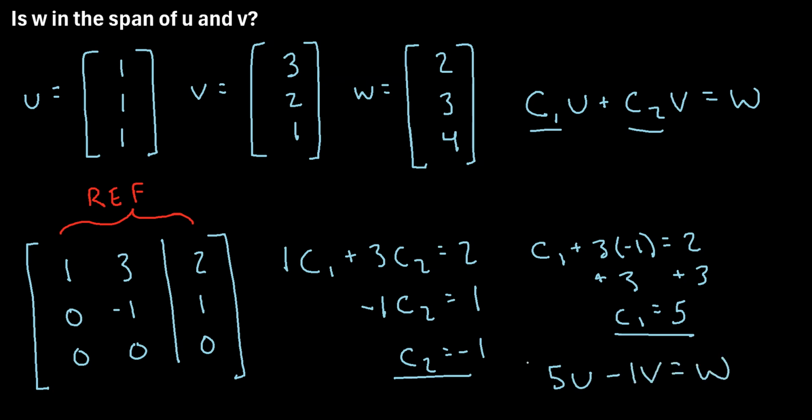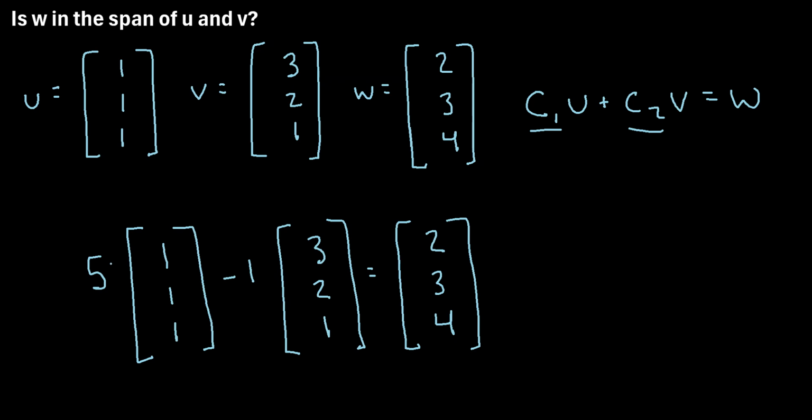And if we want, we can double check that this is the right answer by seeing if 5 times the values in u minus 1 times the values in v actually equal the values in w. So let's check. We have 5 times 1, that's 5, minus 1 times 3, so 5 minus 3, that does equal 2.